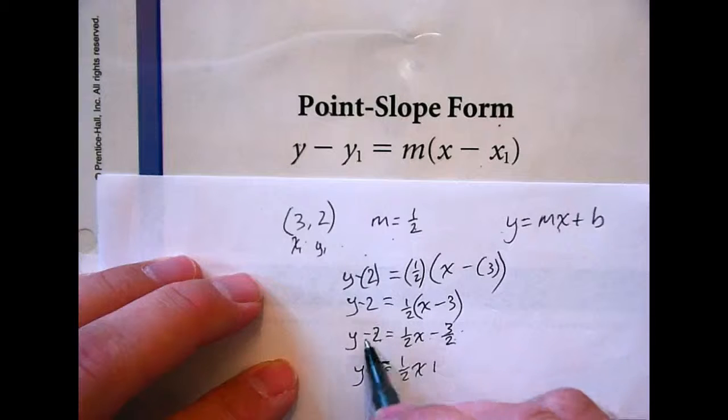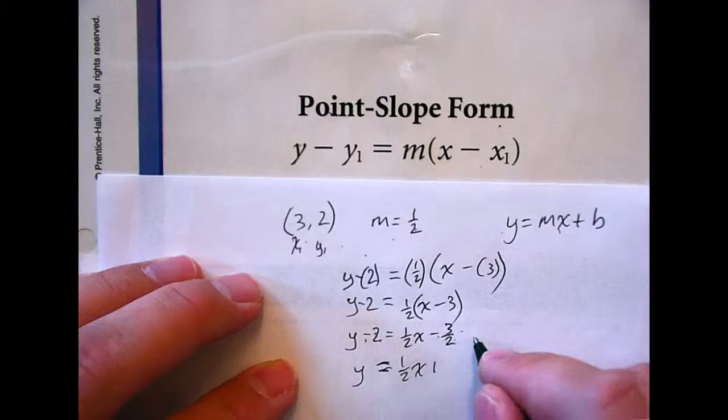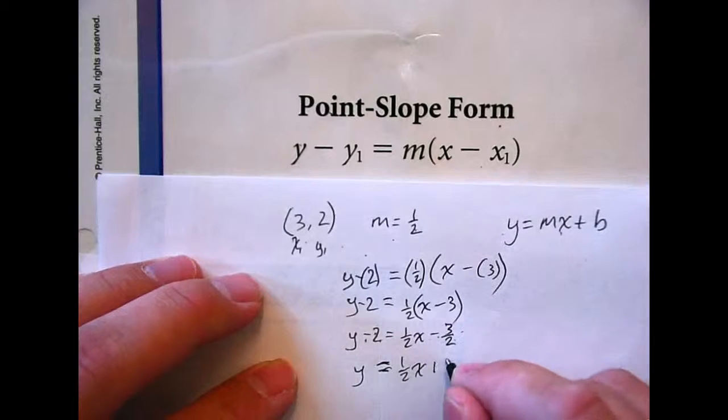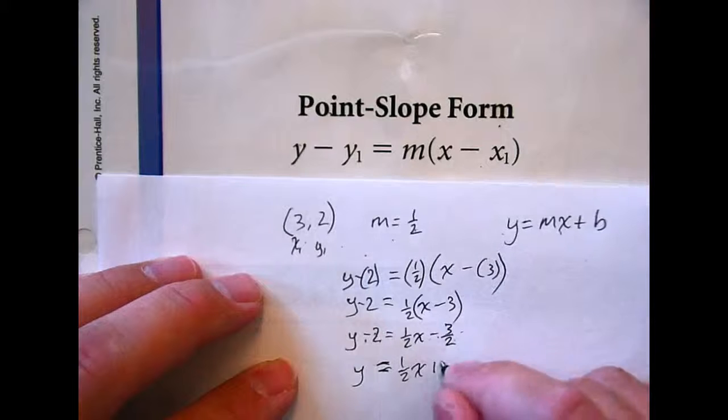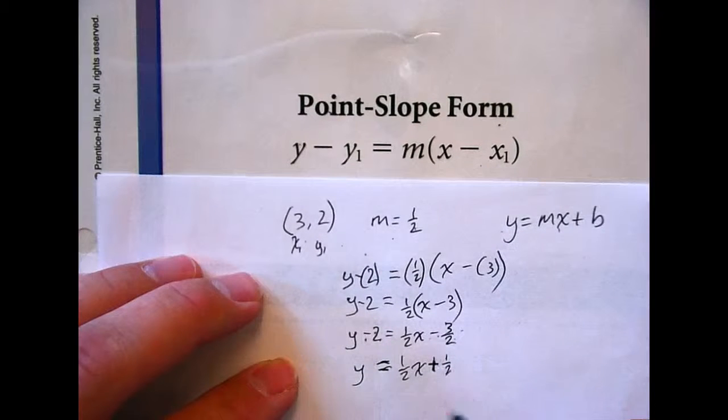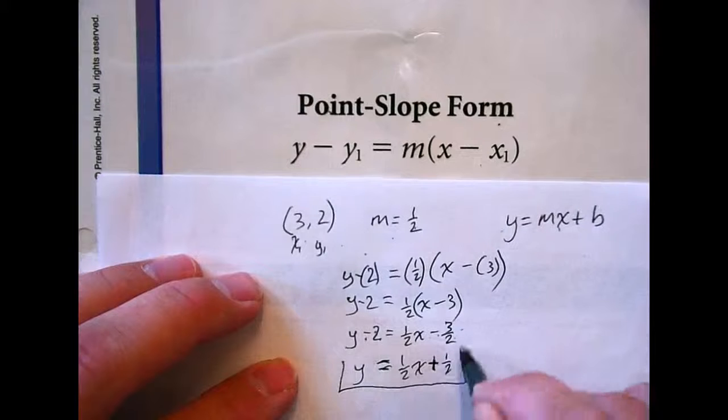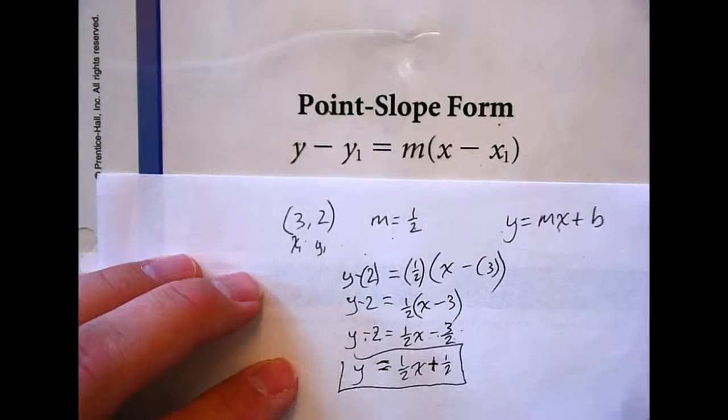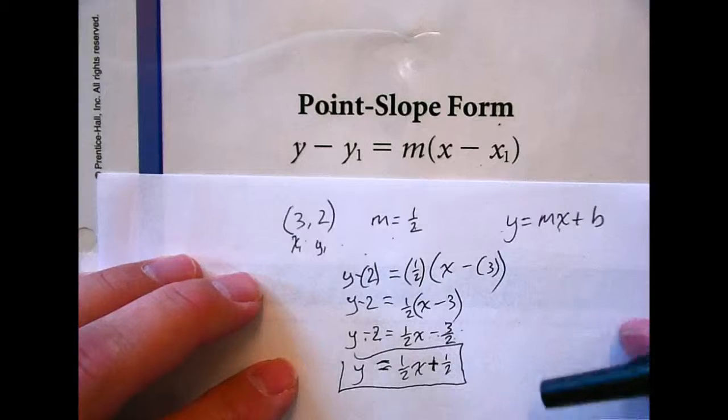Negative 3 halves plus 4 halves? It's 1 half. 1/2, right? Okay, 1/2 x plus 1/2. All right. Slope-intercept form.